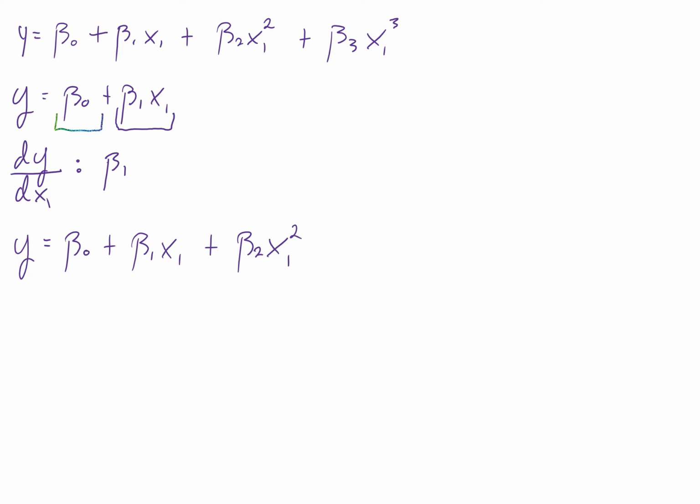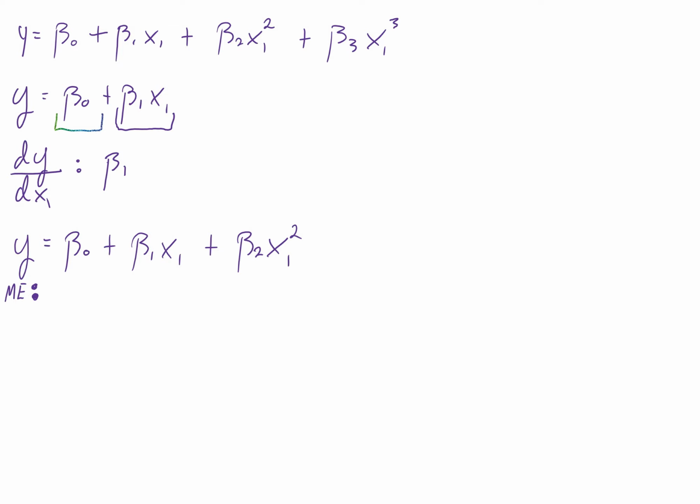Well, the derivative in this case is not going to be as easy as you might predict. So we're actually going to call this the marginal effect, and the reason we're calling it the marginal effect is because the effect of x on y is going to depend on the value of x. I'll show you what I mean.